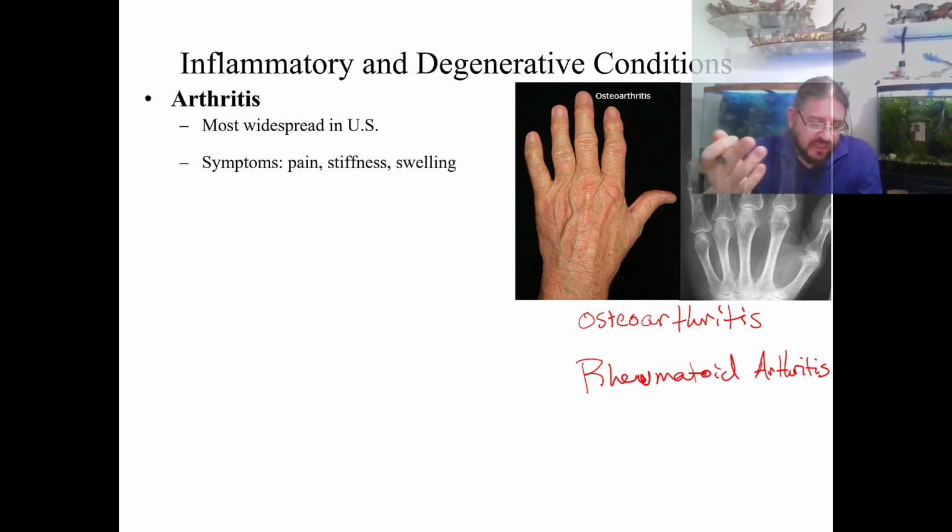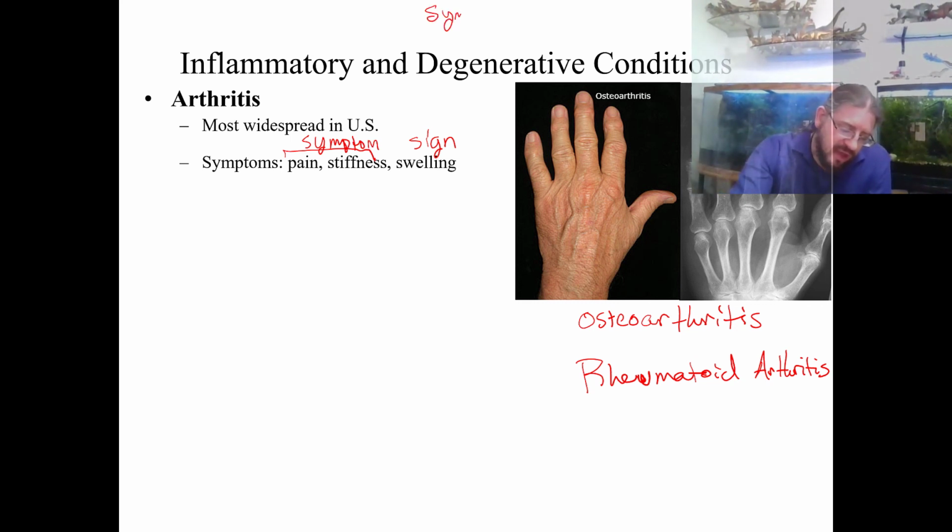Your symptoms: pain, feeling stiffness in the joint. Really, joint stiffness, swelling especially is more of a sign. Pain and the feeling of stiffness is your symptom. In case you have forgotten, a symptom of a condition is felt.